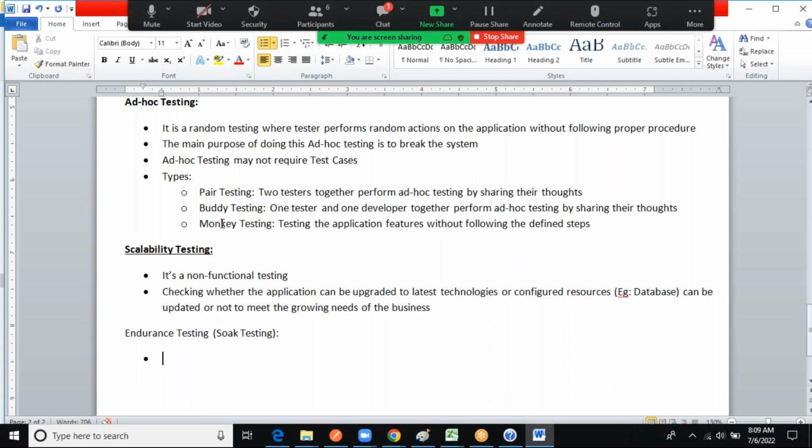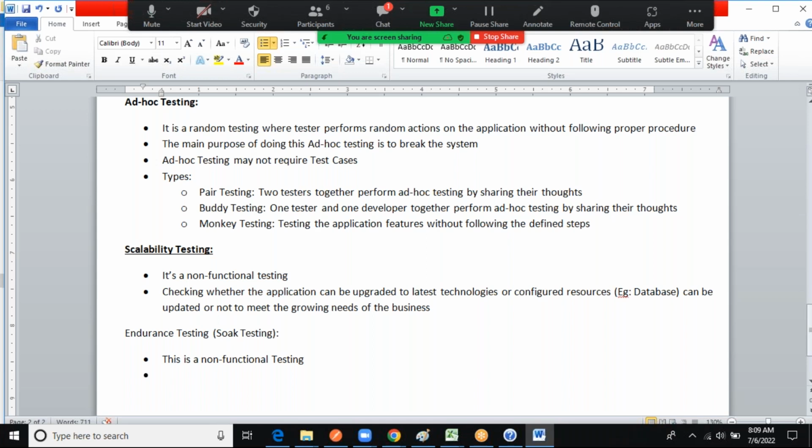In various conditions you will be measuring the performance of the application. This is also non-functional testing, where you check how the application is behaving.